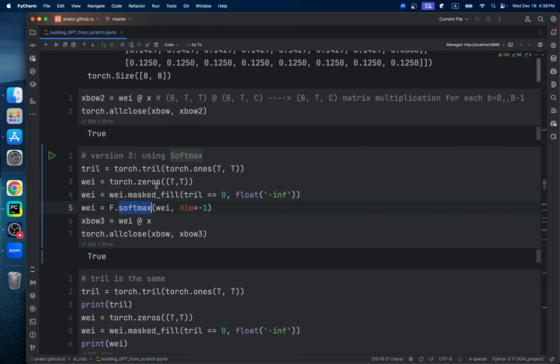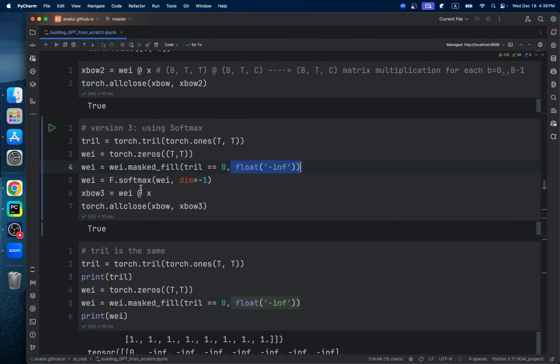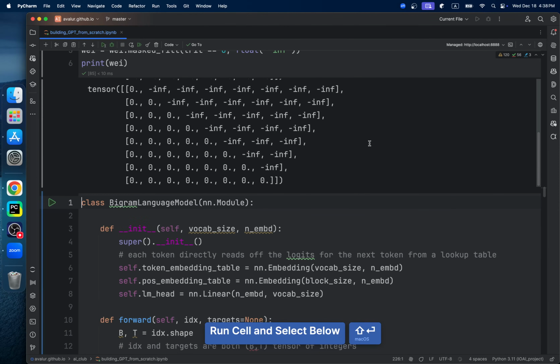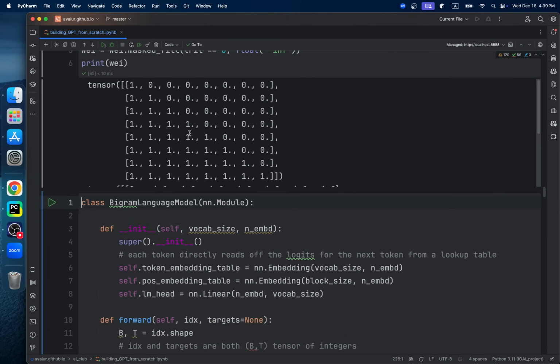Here we create a triangular matrix, then a zero matrix T by T, then we fill all the upper elements of the zero matrix with minus infinity, and perform softmax with this new matrix of weights. Let me show you the results. So the lower triangular matrix is this one.